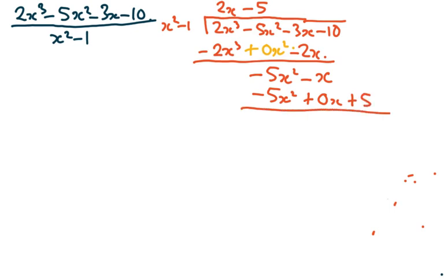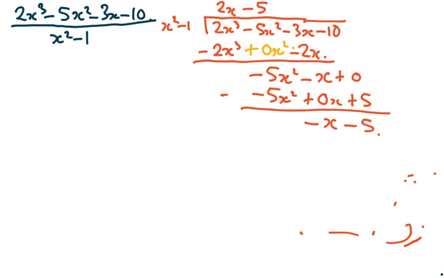Then let's minus this, that's gone. Minus this, so negative 5x squared is gone. Negative x minus 0 gives me negative x. Then you have 0 over here, it's like plus 0. 0 minus positive 5 is negative 5.